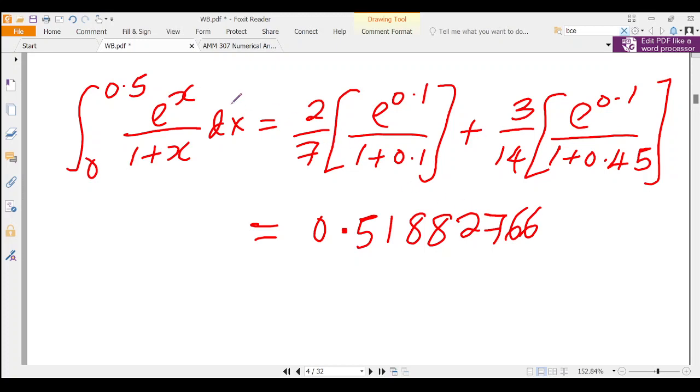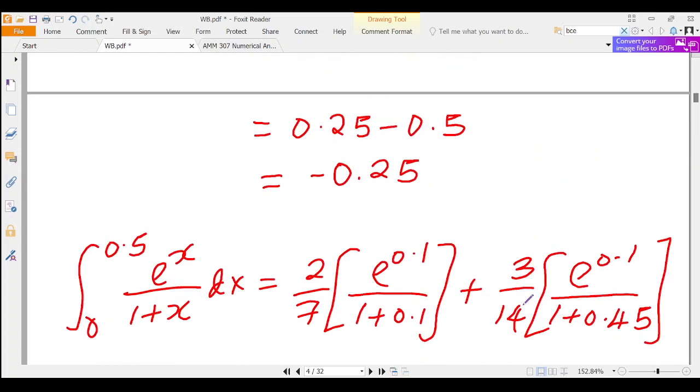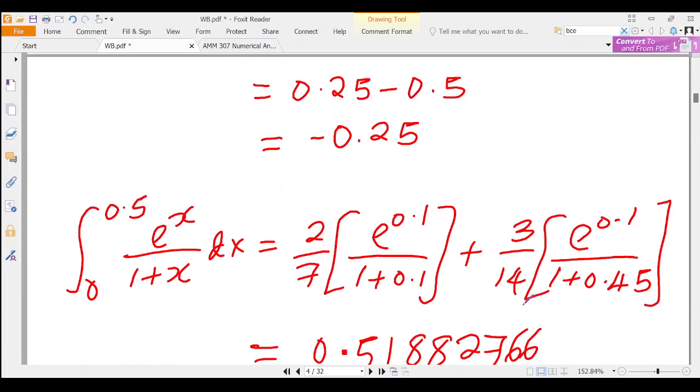So you find that while the analytical methods may not be applicable to evaluate this integral, using the two-point method that we have generated, we can easily obtain the solution. So notice that we picked the points 0.1 and 0.45, e raised to power 0.45.